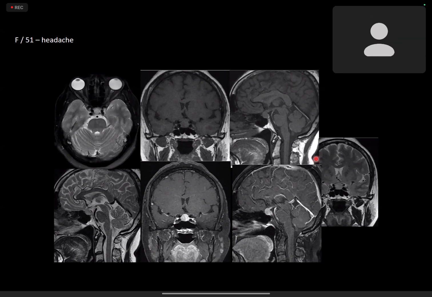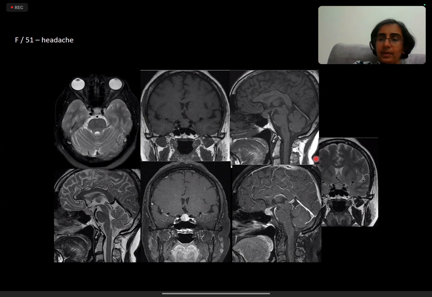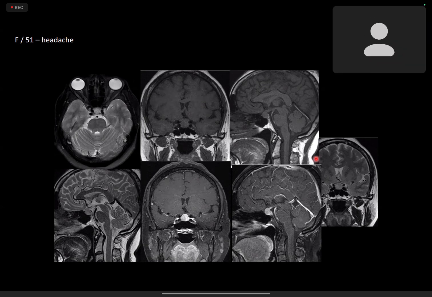Ma'am, there is a T1 iso-intense lesion that extends in the sellar and suprasellar region, which shows avid contrast enhancement.